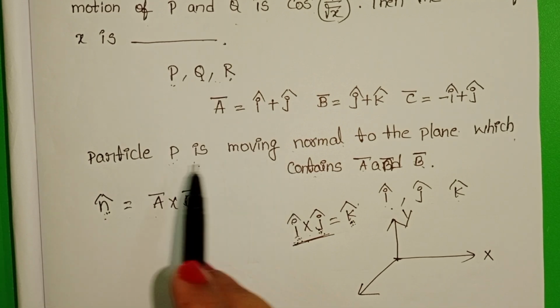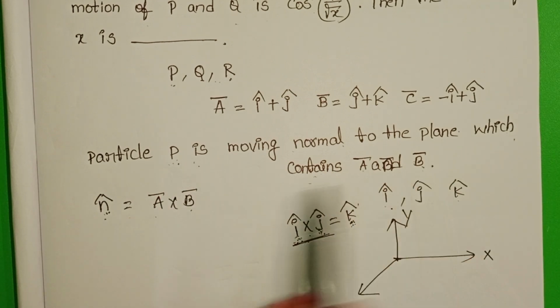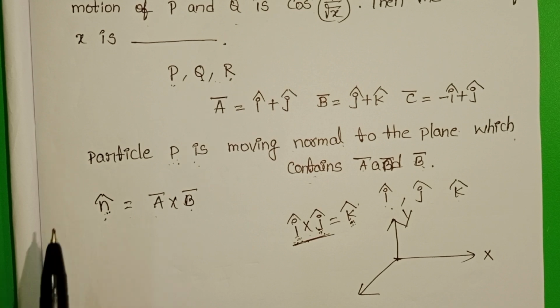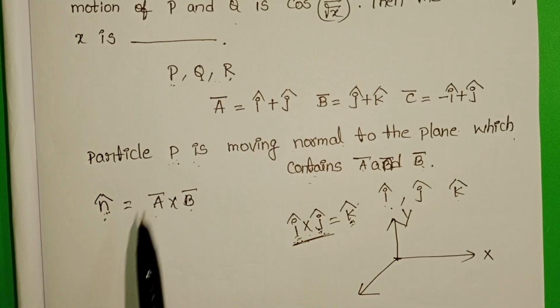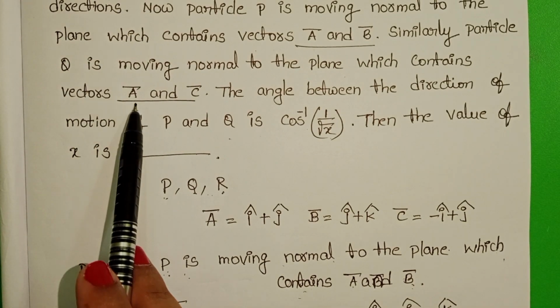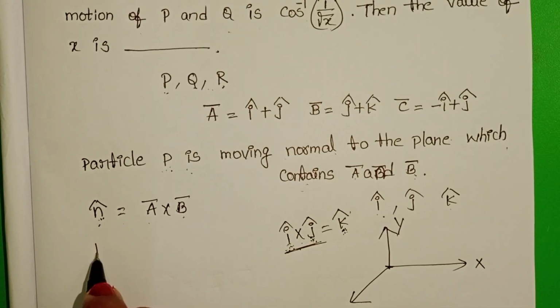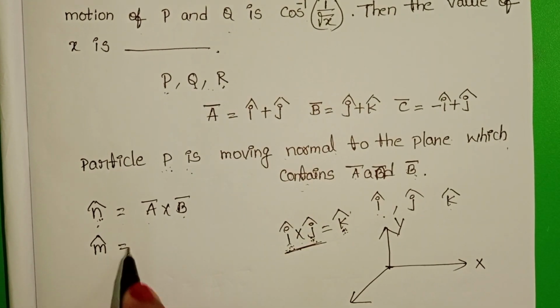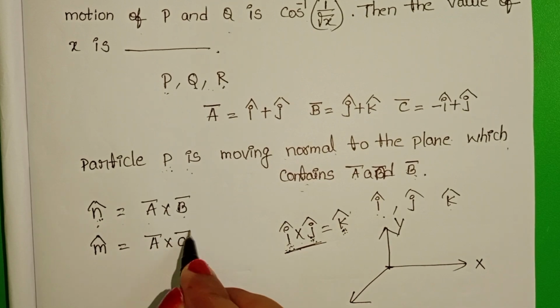Because P is moving normal to the plane containing A bar and B bar, so n cap is acting perpendicular to the plane containing A bar and B bar. Similarly, Q is moving normal to the plane containing A bar and C bar. Let us take another unit vector m cap, and here m cap is equal to A bar cross C bar.